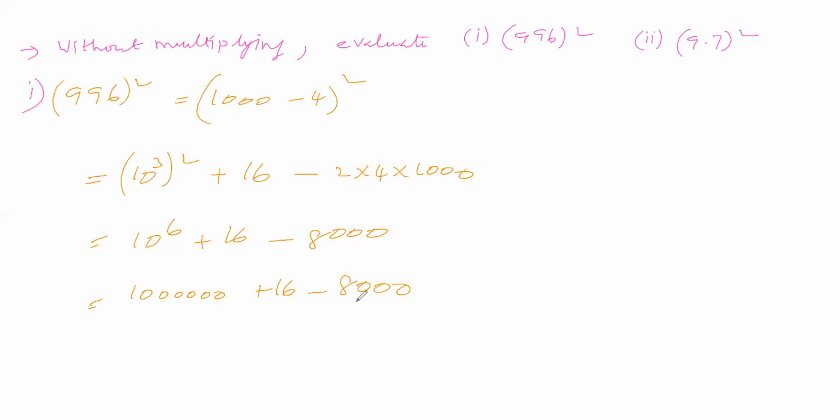So we will add these two and subtract this one. So we will get this much. Next we will go to the second subdivision, that is 9.7 whole square.